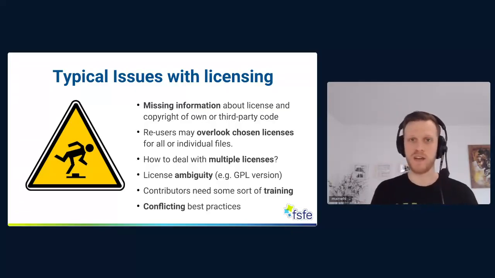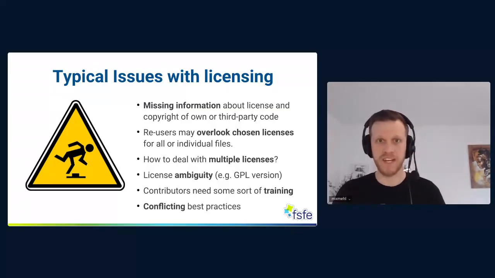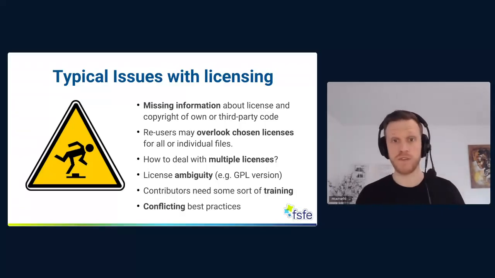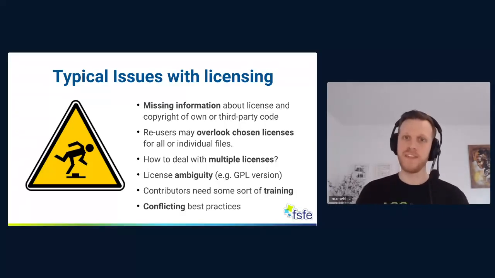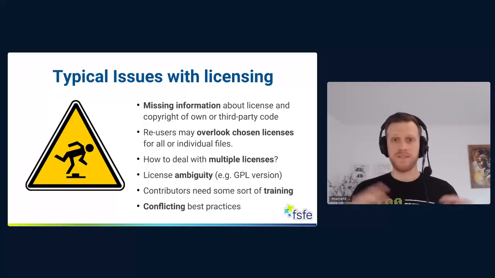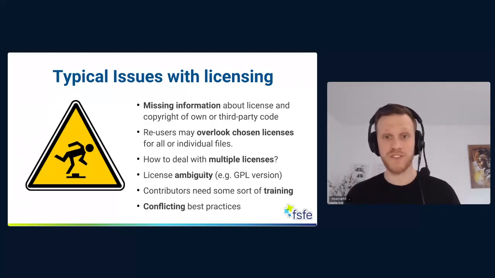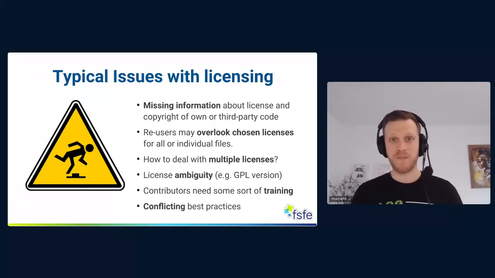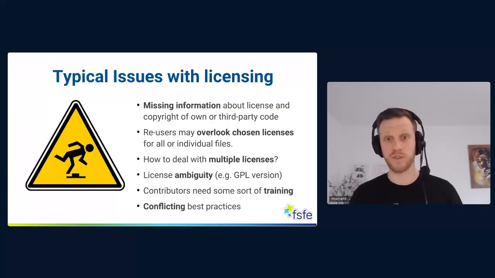Like, what's the license? How do you declare it to reusers and users? So you need to give them some sort of training and need to check that. There are so many issues. These have been around for ages, so in the meantime, so many different best practices have been developed that are sometimes even conflicting.